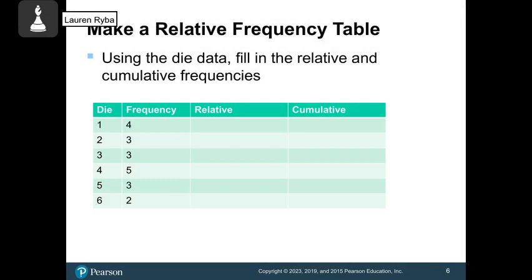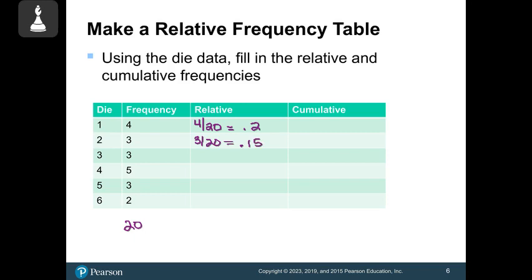So let's look at an example. We are still using that same die data, and we know we had a total of 20 outcomes in our data table. So to find the relative frequency, you're just going to take the number of times one occurred, 4 out of 20, and I can write that as a decimal, 0.2. Next one, 2 happens 3 out of 20 times, which is 0.15.